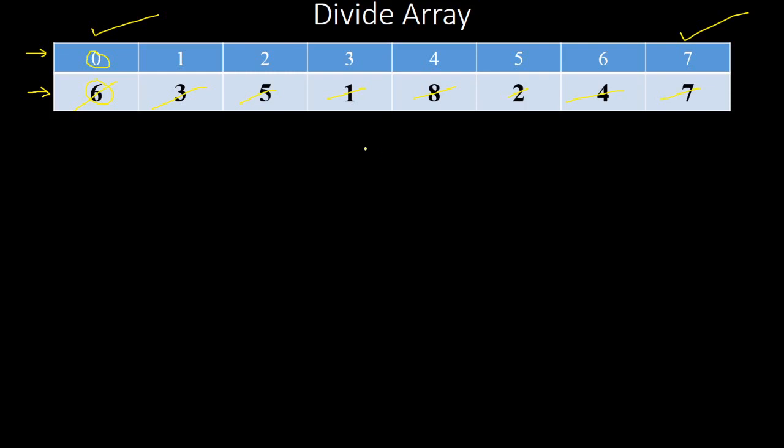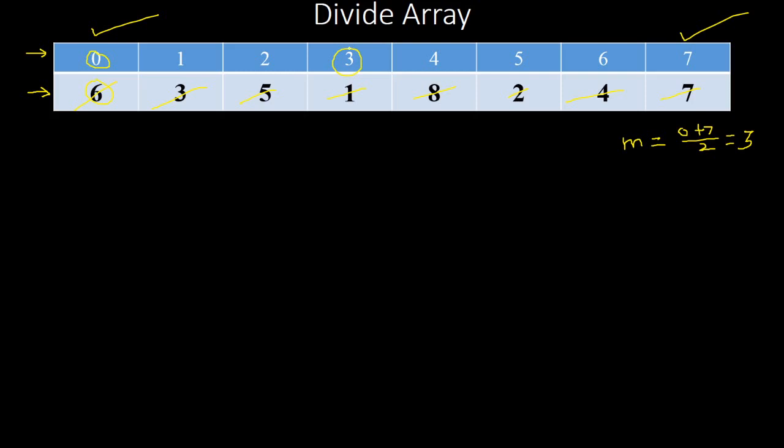Now what do we do? We follow the formula of binary search to find the middle position: mid is equal to low, that is 0, plus high, that is 7, divided by 2. So 7 divided by 2 is actually 3.5, but we don't consider the point value because our mid variable is an integer, and that integer number is 3.